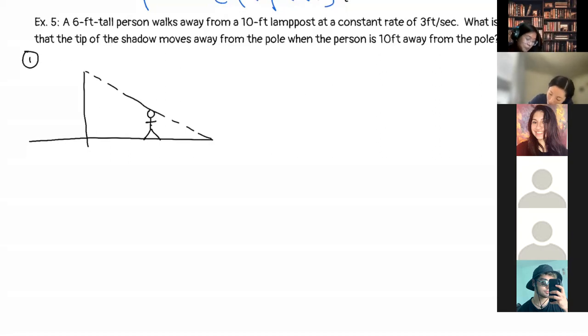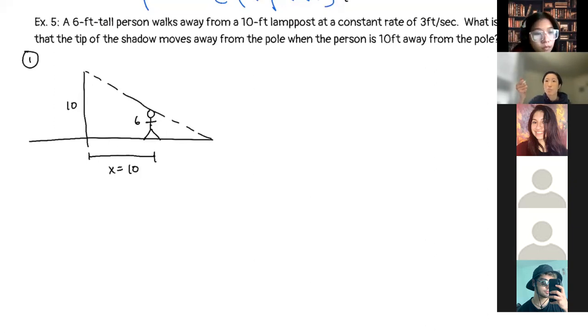If we labeled this information, we might call this side here 10 because the lamppost is 10 feet tall. But we might label this as 6 because we know the person is 6 feet tall. And we might label this distance here as, let's call this X, as 10 because at that moment, the individual is 10 feet from the lamppost.